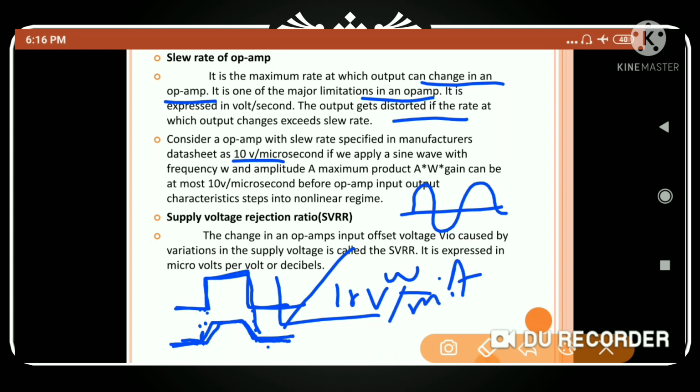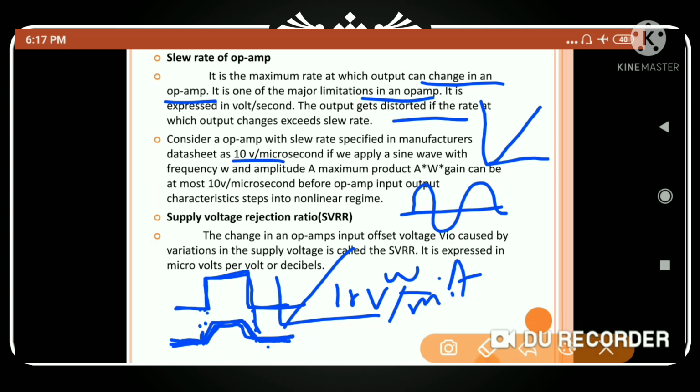Beyond that, the input and output characteristics step into the non-linear regime. It means that if there is a slew rate limit in the op-amp, we are not getting the output properly; we get some distortion in the output. So this is about the slew rate of an op-amp.